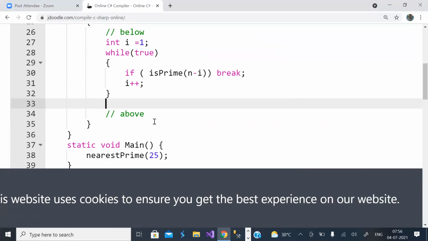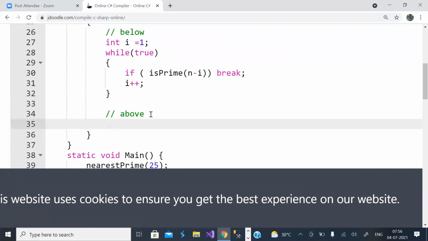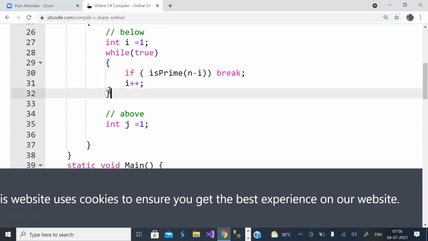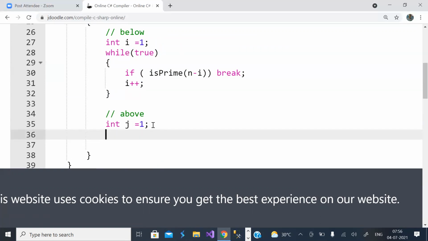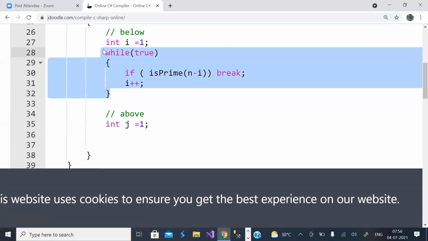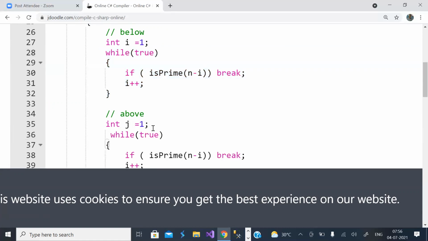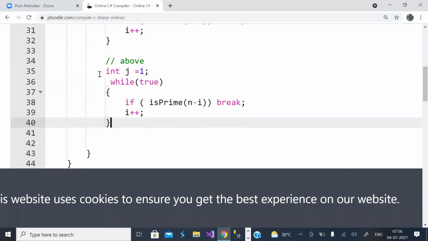Now this is on the upper side. Take j. Repeat the same. While copy pasting, you must be very careful.